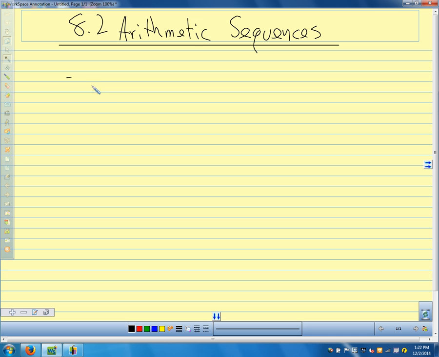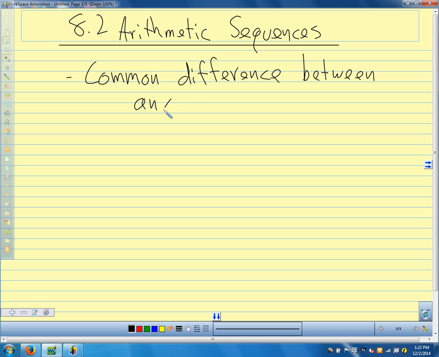An arithmetic sequence has a common difference between any two terms. So what that means in symbols is, to get the next term, we just add a constant to the previous term.